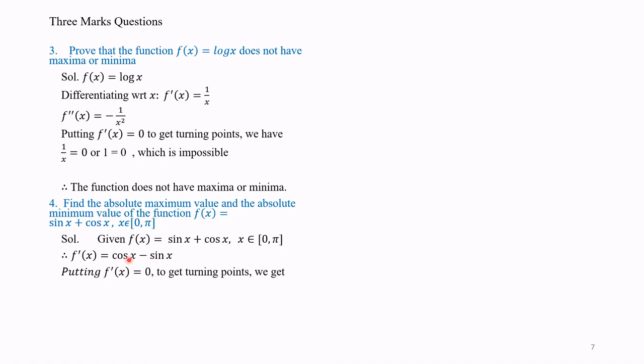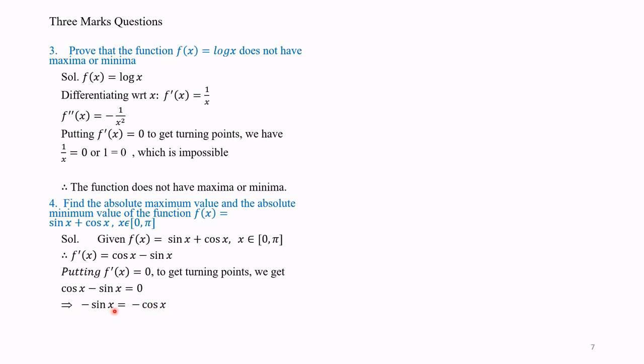Therefore, to find the turning point, we put f'(x) = 0. We get cos x minus sin x = 0, or minus sin x = minus cos x. That is, we have moved cos x to the right hand side.